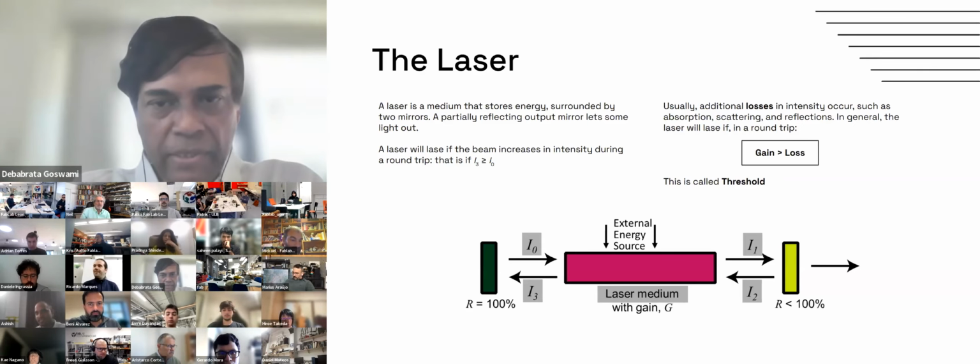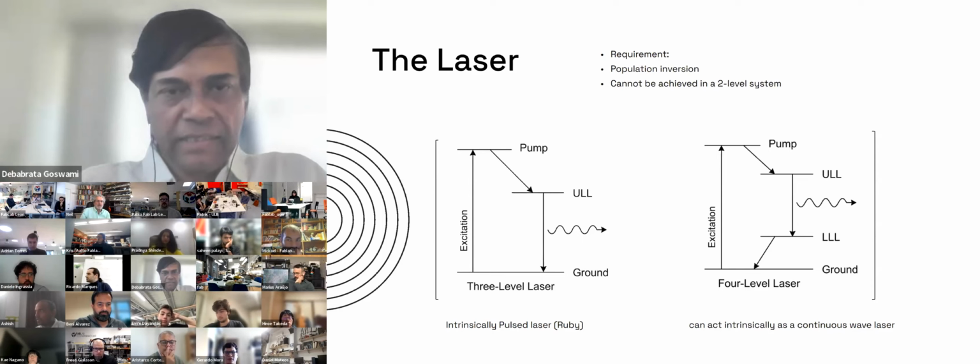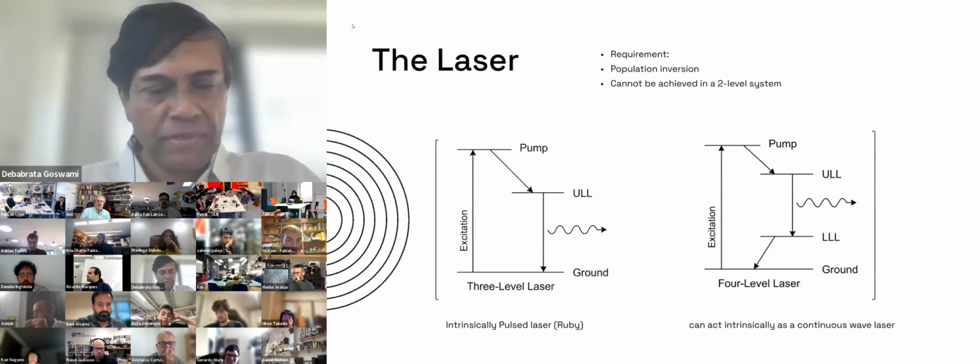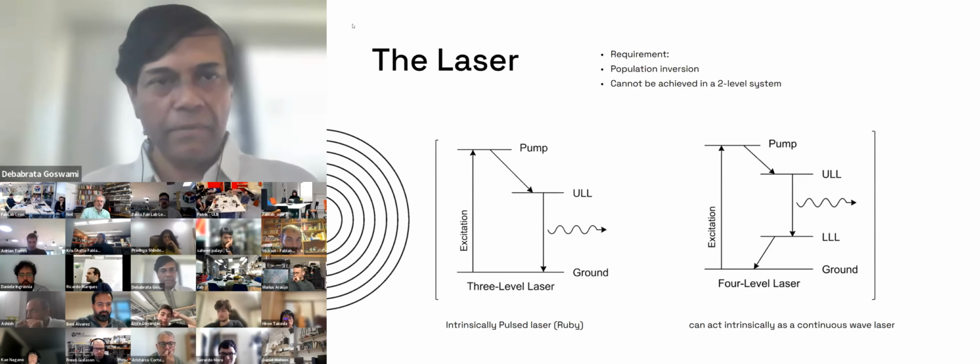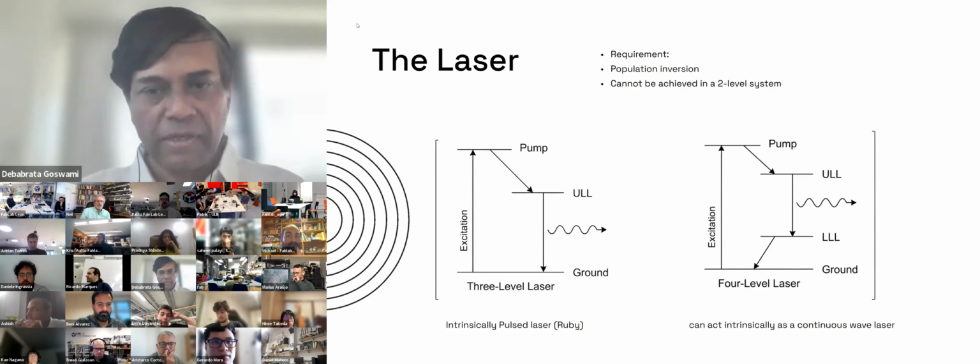But if it's a four-level system, like most modern laser systems use, you can operate it either as a continuous wave laser or a pulse laser, depending on how you design the laser. That's one of the advantages of current lasers, that they mostly use systems that you could operate in different ways. Next slide, please.